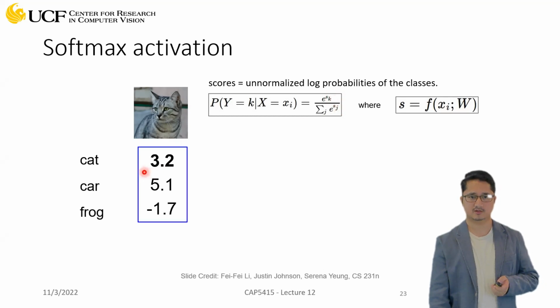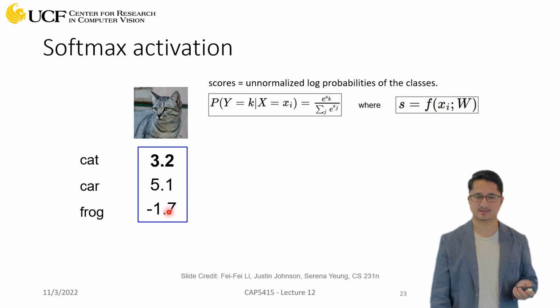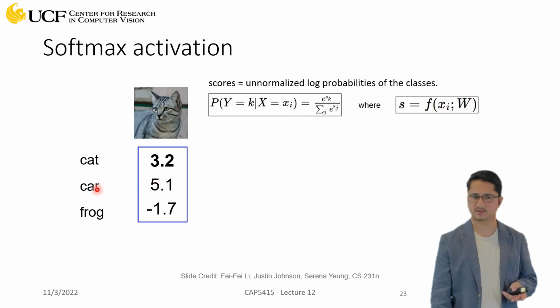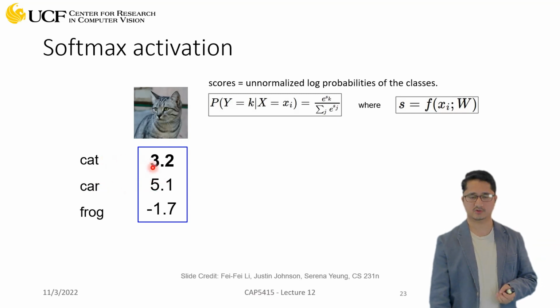So let's do that. If these 3 are your network predictions and this was a cat, but your network predicts 3.2, 5.1, negative 1.7. How can I interpret this? This is a negative value, so I can say, okay, frog is not present. This is 5.1, which seems positive, so car could be present, right? But then cat is also 3.2.